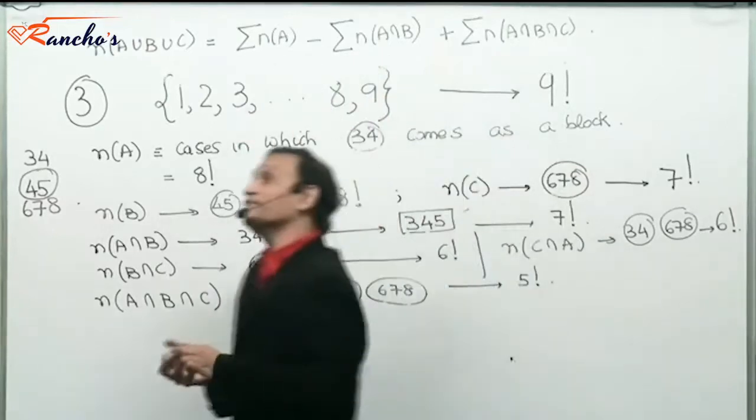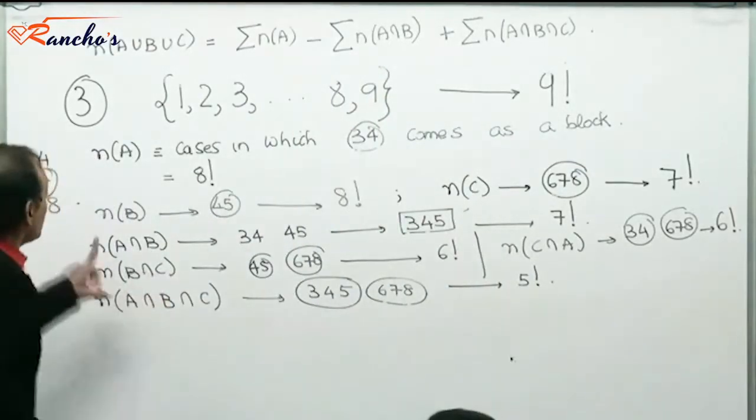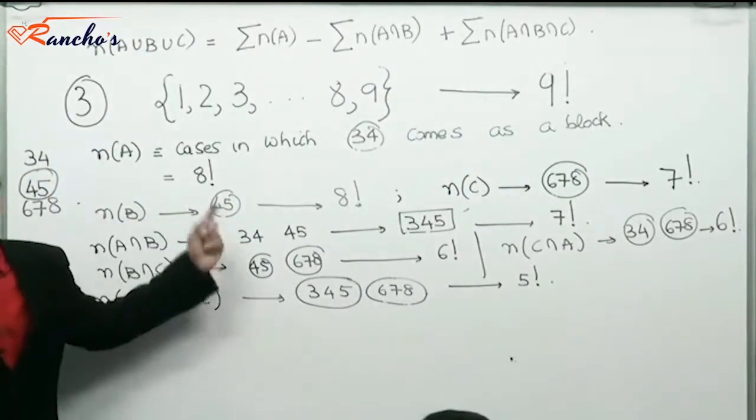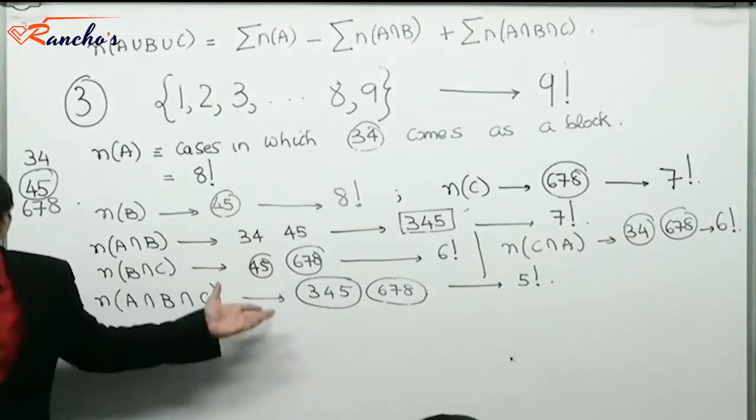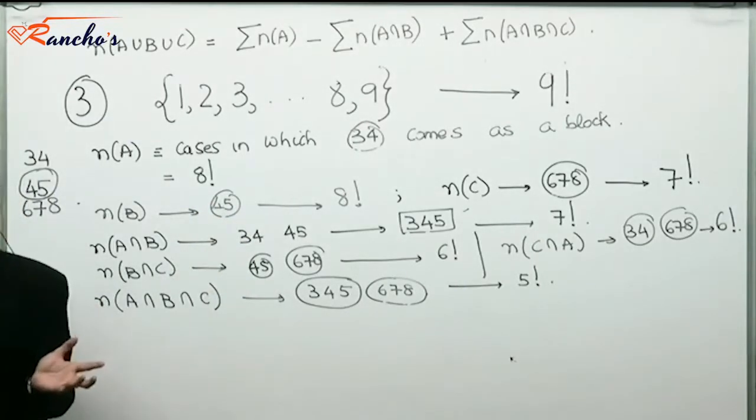This would give you the count in which at least one of them would appear as a unit: 3, 4, 4, 5 or 6, 7, 8.